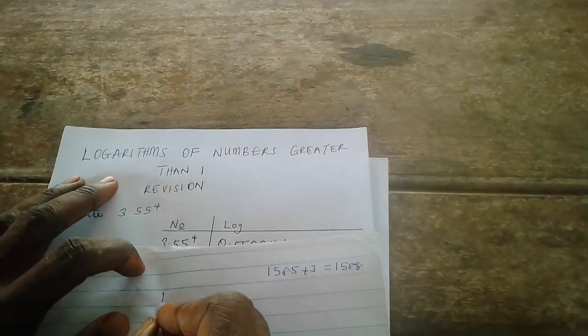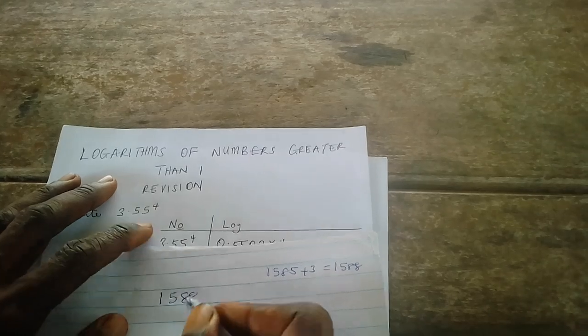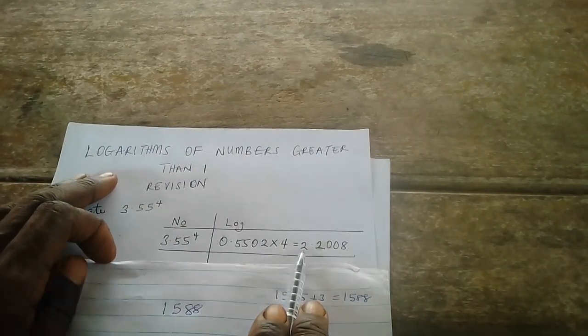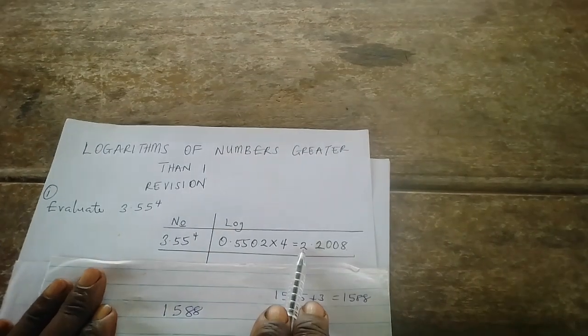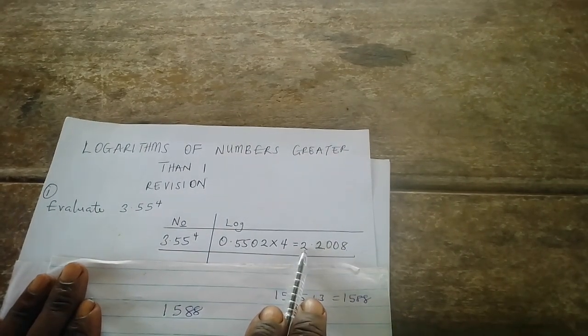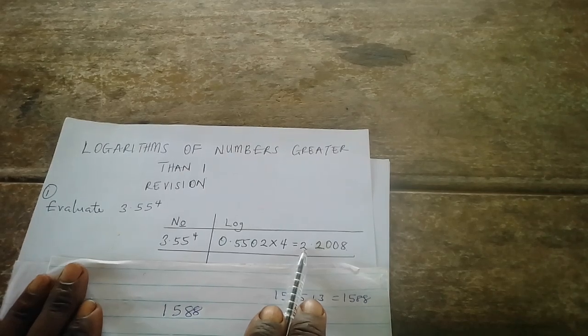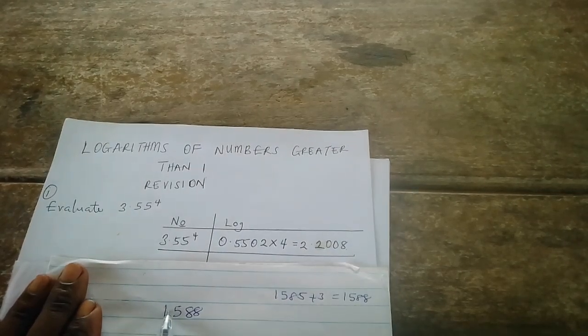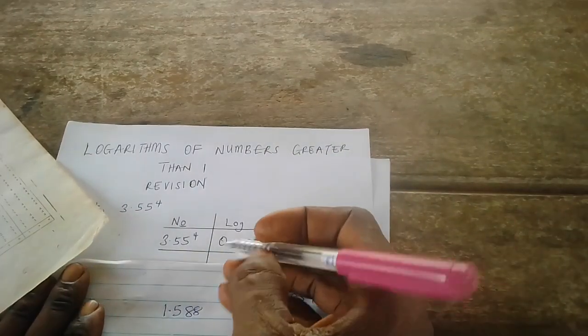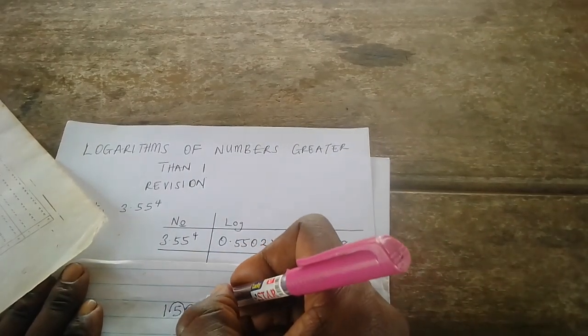So the antilog is 1588. Now, to make use of the characteristic 2, I'm going to move the decimal point twice. When we get the answer, the decimal is here, so I'll move it back to the right. How many times? 2 times: 1, 2.